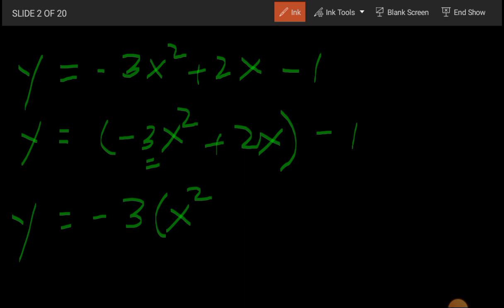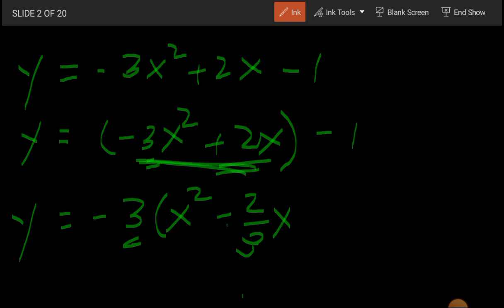Ngayon, pag i-factor out nyo si negative 3 doon, affected din si 2x. Ma-affected din yung sign niya, magiging negative 2/3 x siya. Para kapag i-distribute natin si negative 3 doon sa lahat ng terms na nasa loob ng parentheses, as is pa rin babalik siya sa ganito.